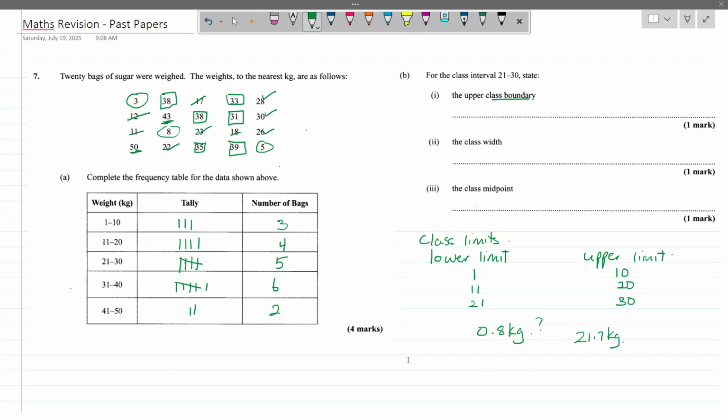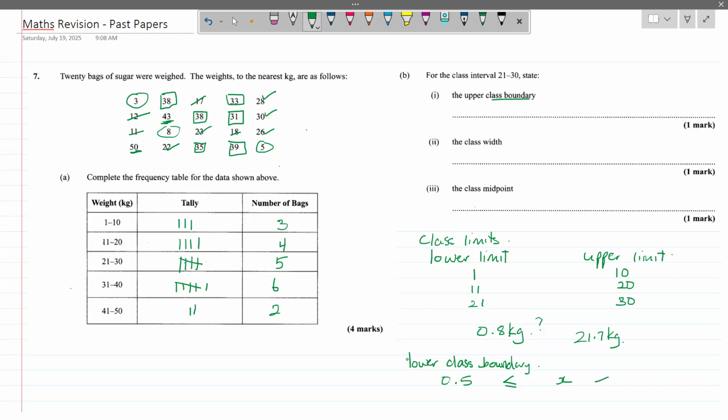The lower class boundary for any class is always 0.5 less than the limit. So for example, in our first class, the boundary will begin at 0.5, right? So if X is our observation, that's the weight of our bag, anything that is greater than or equal to 0.5 would fall in this class of 1 to 10.